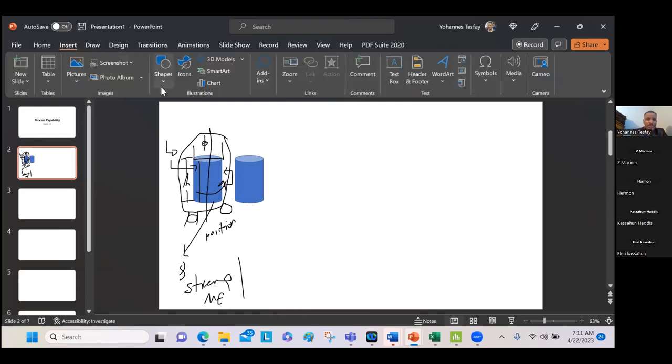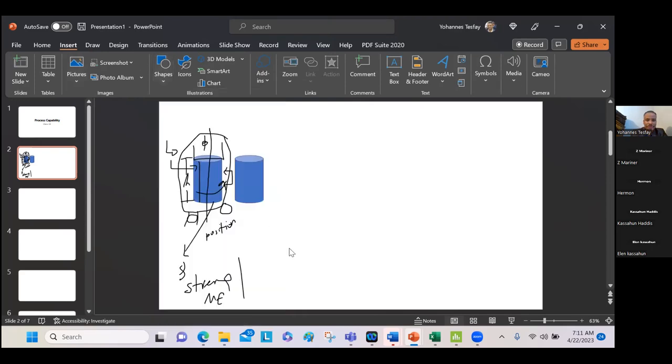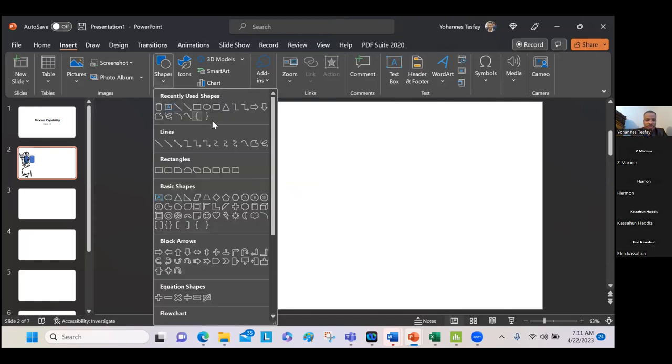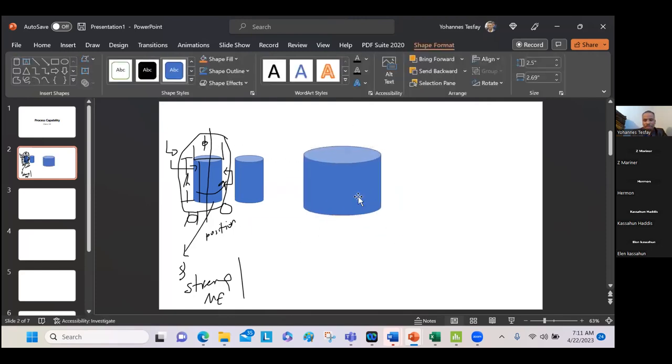So now our question is, we're producing them, okay? Suppose this cylinder, let me give you another. Okay, now assume this is a cylinder.